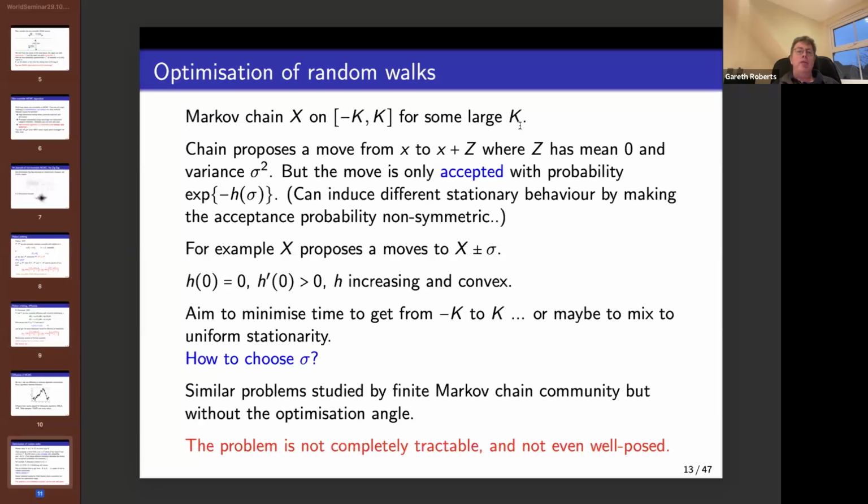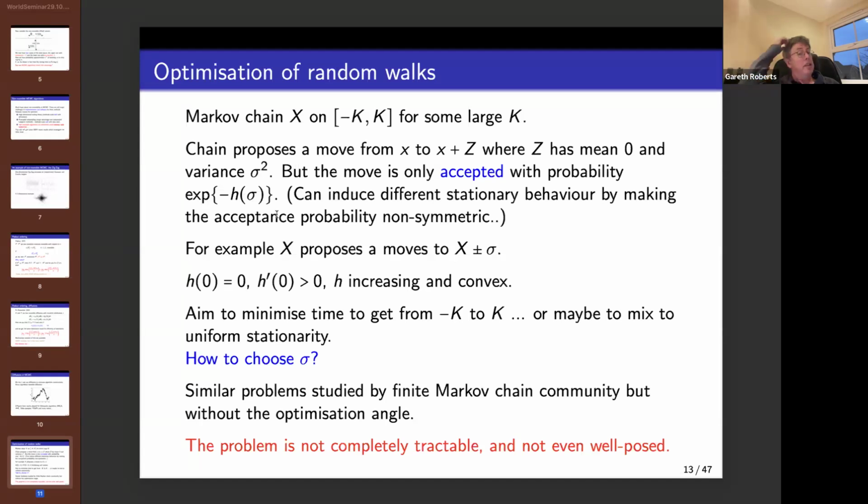But sigma is going to come out in a different way as well, because I'm going to have a penalization here. I'm going to accept this move with probability e to the minus h of sigma, where h is an increasing function. So the idea is that the larger the moves I make, the more I'm taxing this by giving myself a chance of rejecting it.